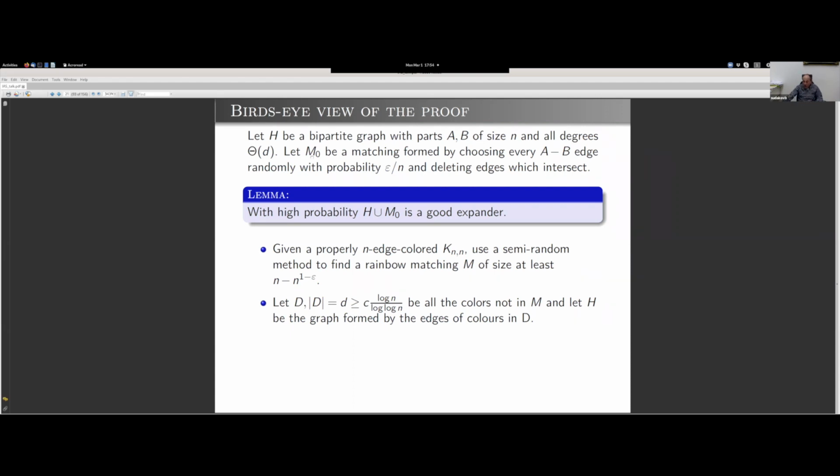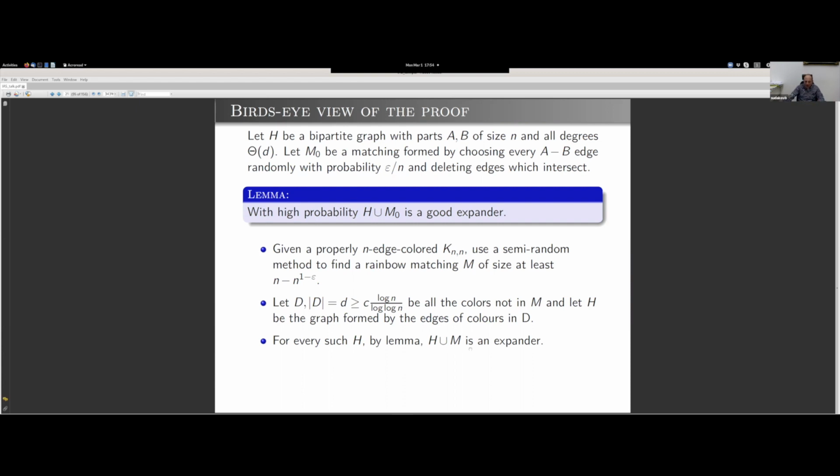Then you observe that no matter which, say, d colors you took, because the probability is pretty high, you can take a union bound over all subsets of roughly log n colors and deduce that any H which you get like that, together with this M, would be an expander. I didn't quantify this expansion property for you, but now I will.